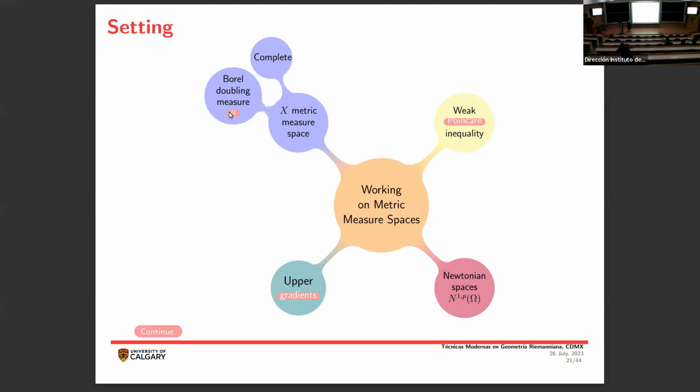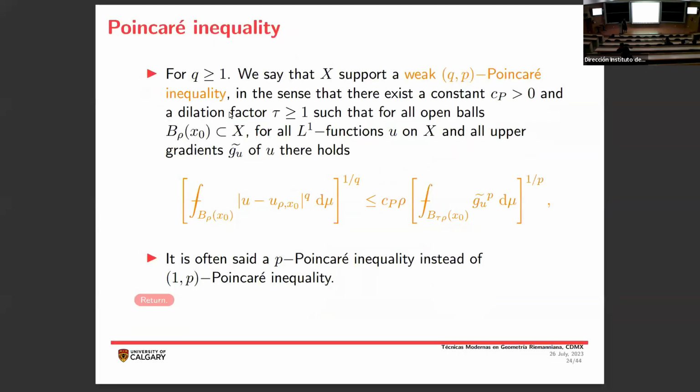But in the end, we need a connection between the underlying measure and the upper gradient that we just defined. This is why we need to assume that our space supports a weak Poincaré inequality. And what I mean by that is that we say that X supports a weak (q,p) Poincaré inequality if there is a constant and a dilation factor such that for any open ball, any integrable function, and any upper gradient, the following inequality holds.